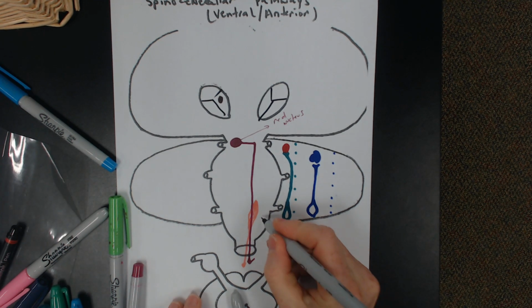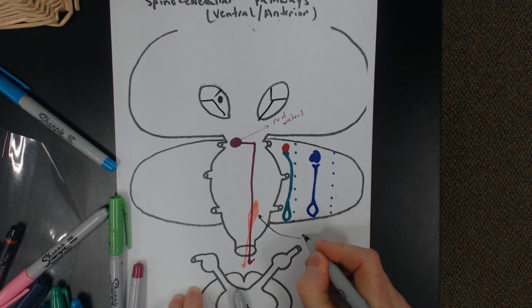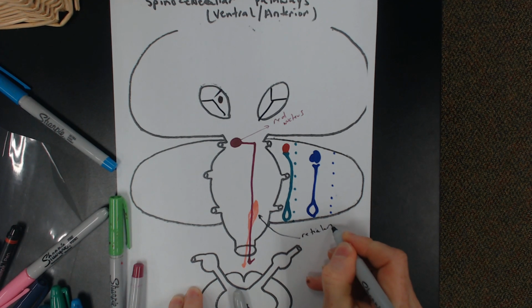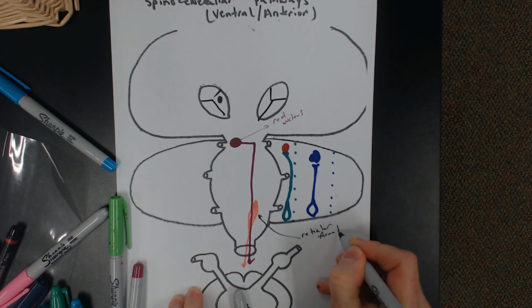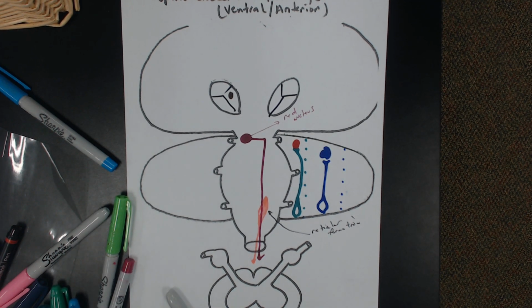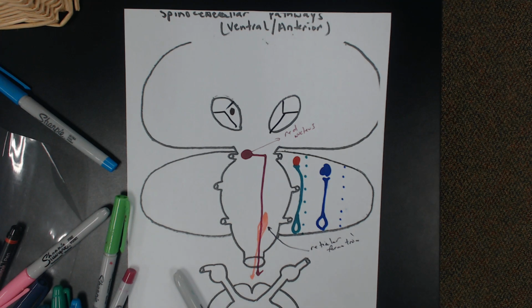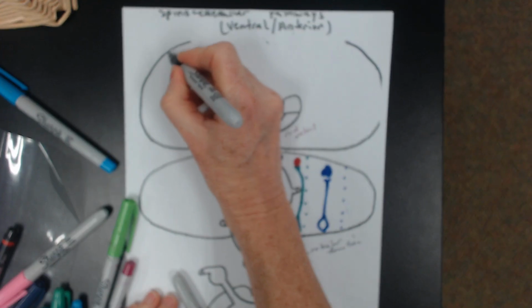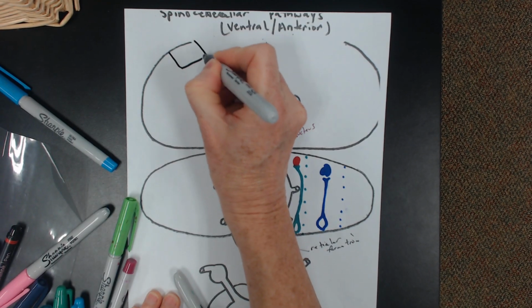This is your reticular formation. And then up here in the area of the cortex, we have the area involved in motor planning.